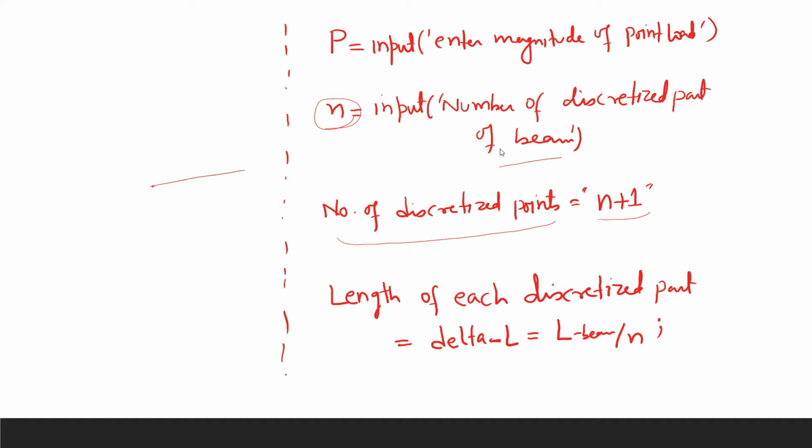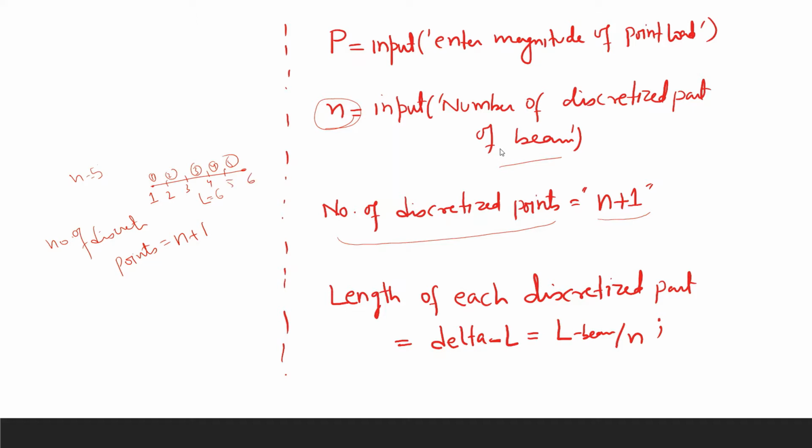So suppose a beam is there of length 6 meters, and we have discretized it into 5 parts, n equals 5, parts 1, 2, 3, 4, 5. So what would the number of points be? Points 1, 2, 3, 4, 5 and 6.